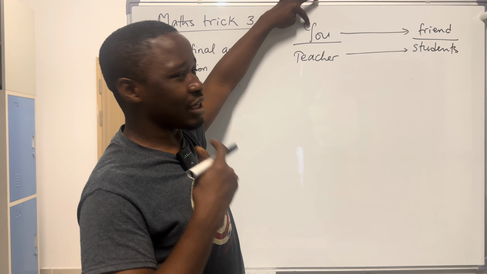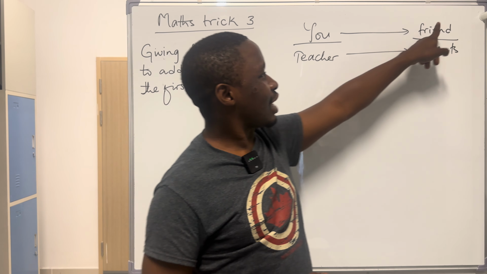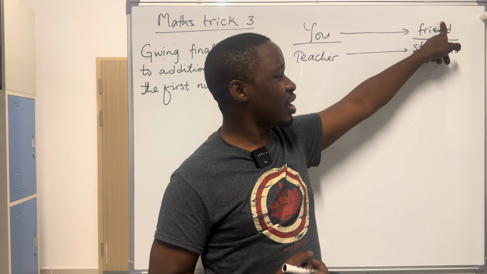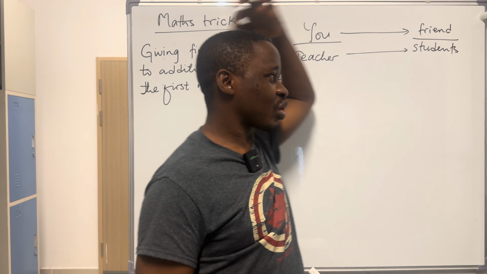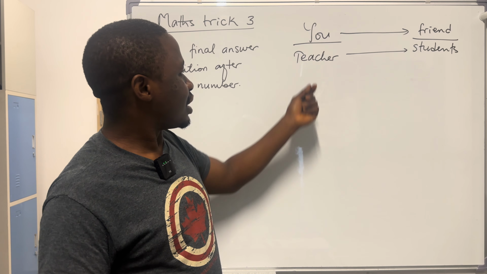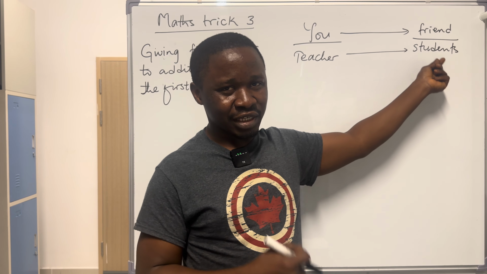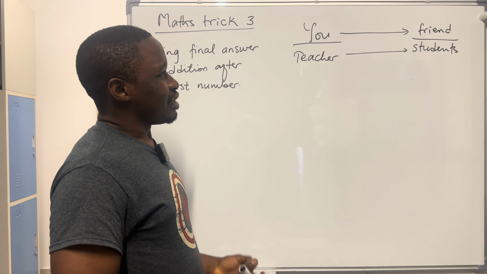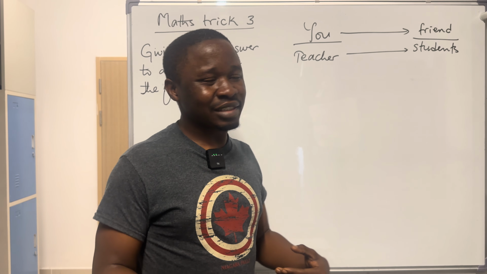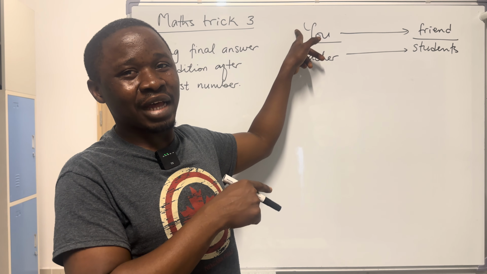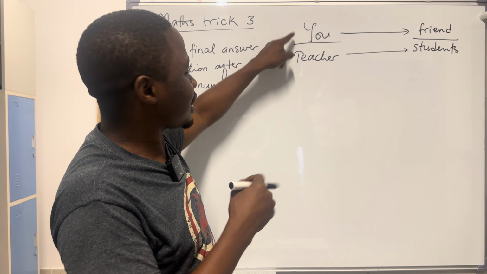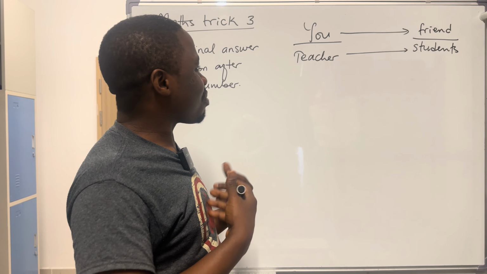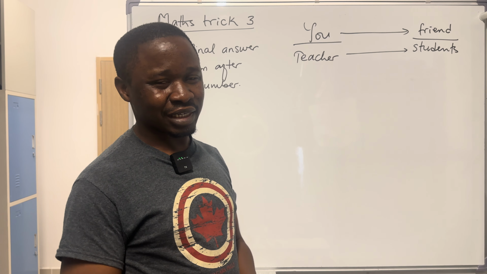You are the one that knows the trick, and we claim that your friend does not understand the trick, or this is between the teacher and their students. So now I'm representing the person that knows the trick. I'm also representing the teacher that knows the trick.